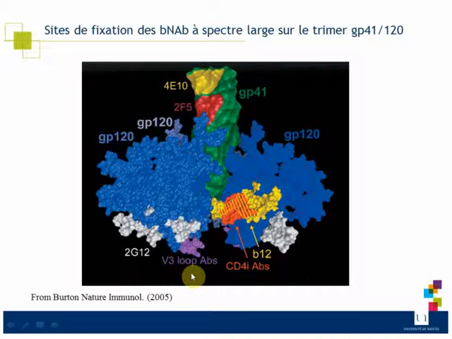Broadly neutralizing antibodies fall into maybe 2 or maybe 3 families, but I'm just going to talk about 2 of them. Ones that fix the CD4 binding site, that's here, and broadly neutralizing antibodies that bind to the fusion domain. So once you know this, then there's been a very large effort.